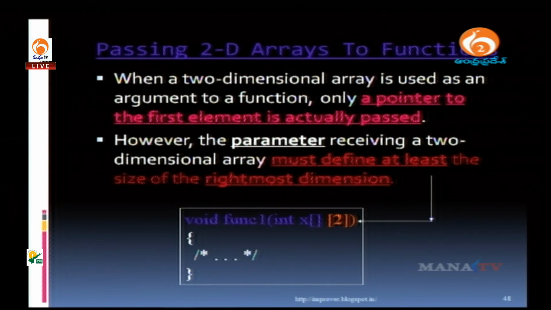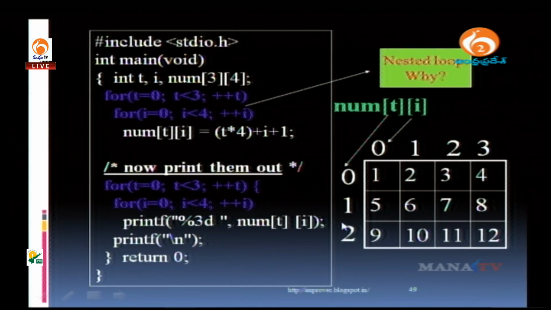This is the syntax. Here we are writing a void function, defining the function with int array, square brackets, next size. Reading, displaying, and accessing the array we have already seen.